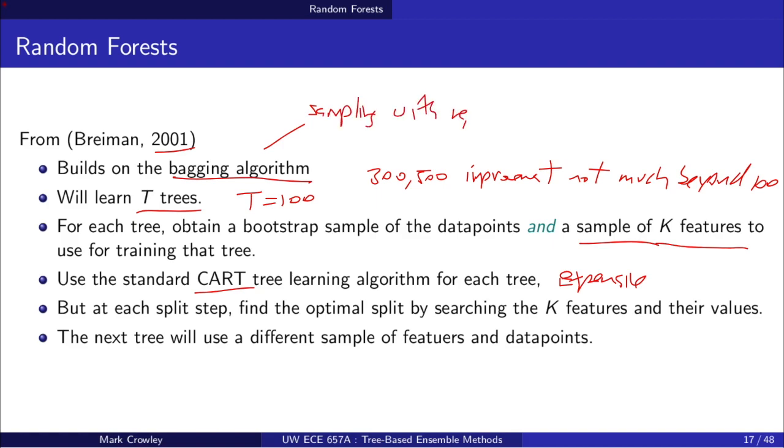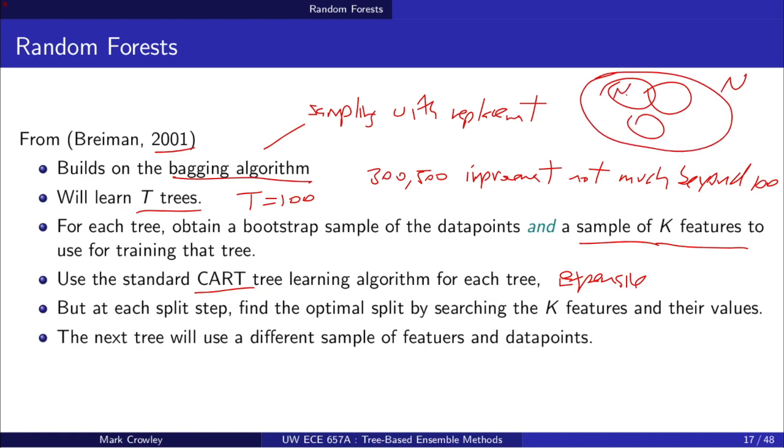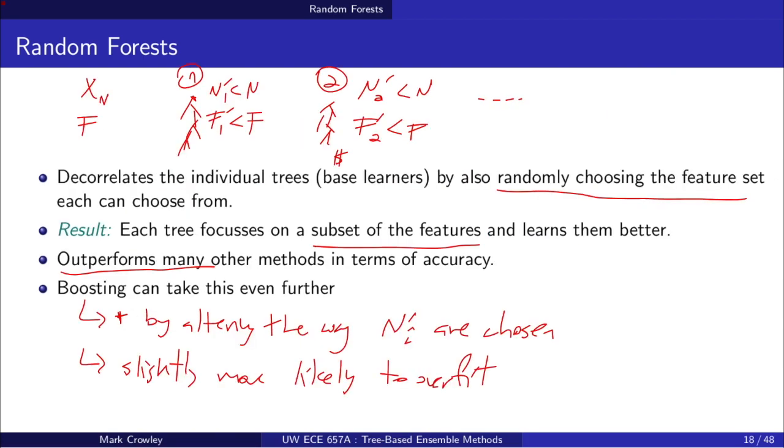And so by definition, that means that the data sets are not necessarily disjoint, right? So we have the entire data set, N1, N2, N3 could be disjoint from it, but they're all subsets of this, and we do it with replacement. So anytime we use sample points, we could resample them. So they are not disjoint sets, but they're all subsets of the full data set.